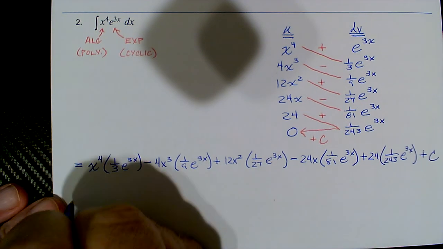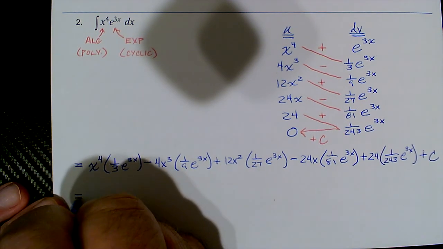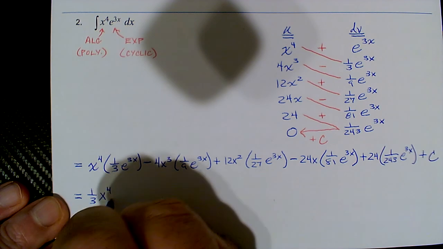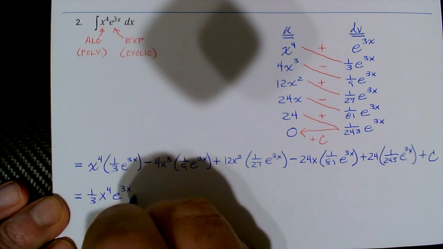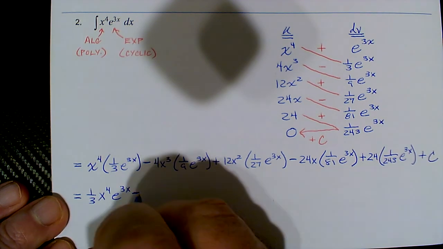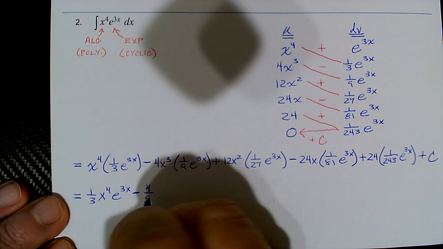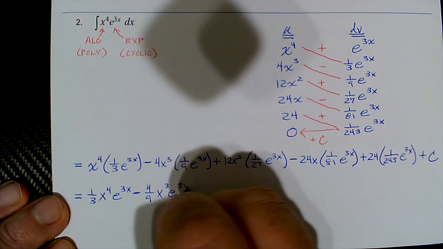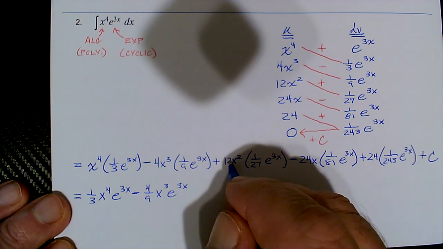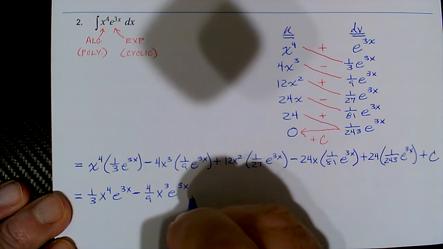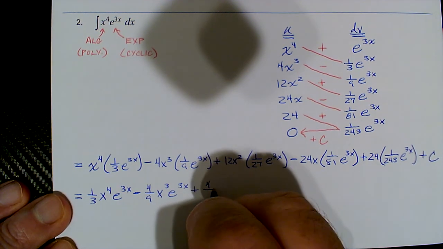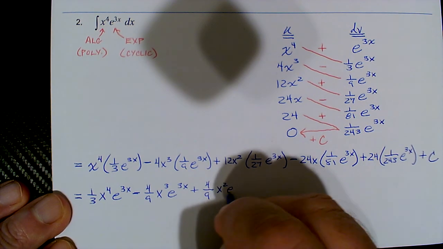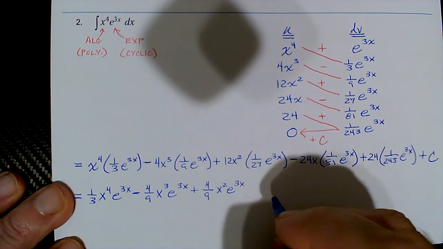Alright, and just make it look a little prettier. 1/3 x to the 4th e to the 3x minus 4/9 x cubed e to the 3x, let's see, 3 goes into 12 4 times, and into 27 9 times, plus 4/9 x squared e to the 3x.